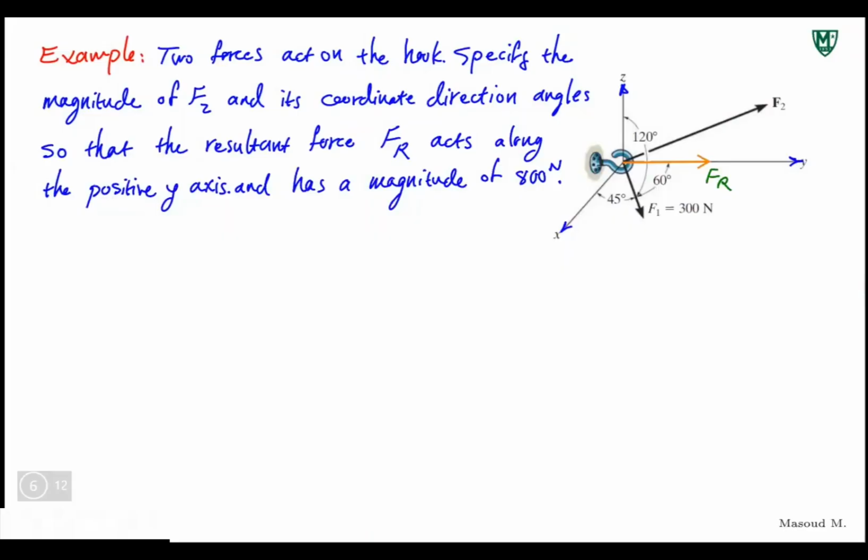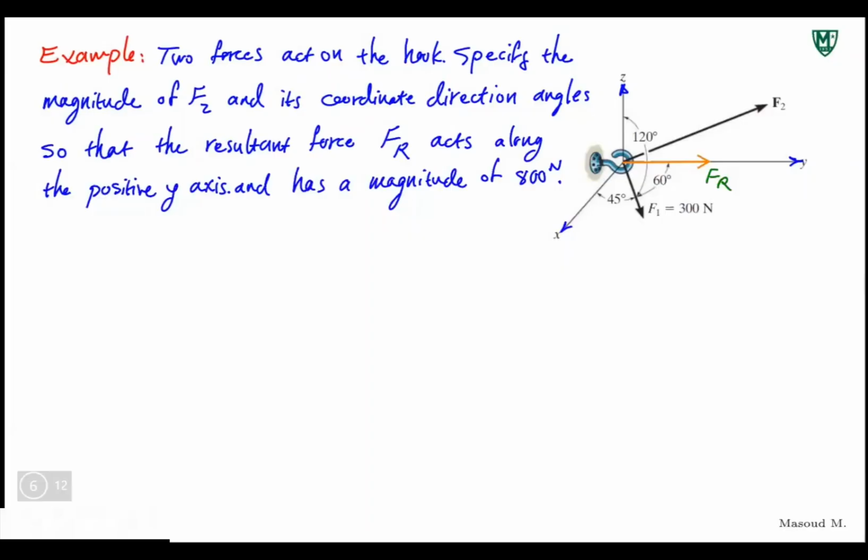So instead of giving the information about F2 so that I can use that with whatever I know about F1 to find FR, or resultant force, it was made a little different. We are given information about FR, or resultant force, and we want to find the magnitude and direction of F2 instead.